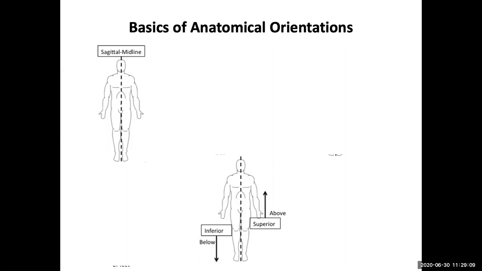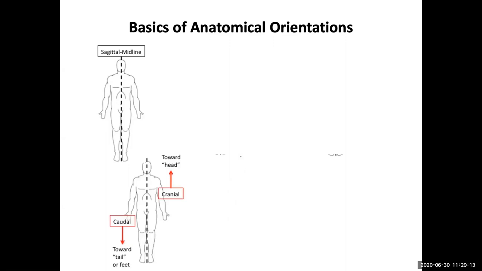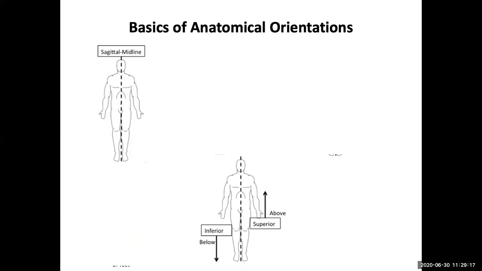So if our patient happens to be lying supine, the indication of cranial and caudal never changes. However, the indication of superior and inferior will change. That's why we have to be very careful with which term we're going to use as it relates to the orientation of the body.